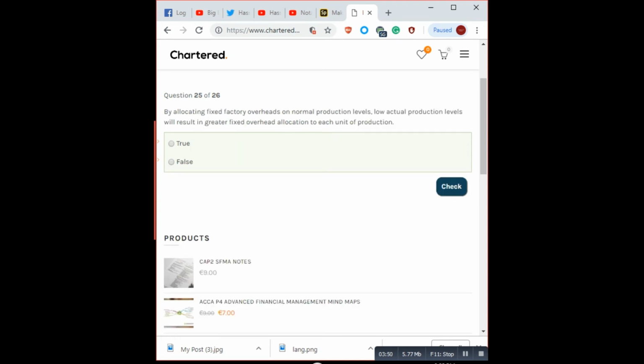By allocating fixed factory overheads on normal production levels, low actual production levels will result in greater fixed overhead allocation to each unit of production.